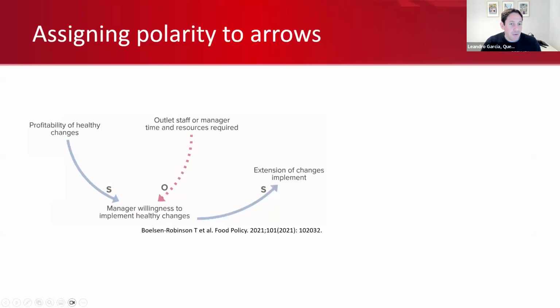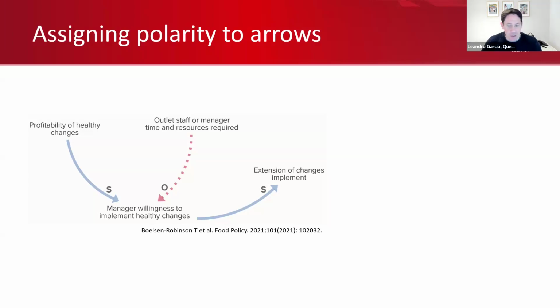Some people have difficulties assigning polarity to arrows, in part because they consider whether the effect is going up or down. So here I have an example. We have four variables, right? Probability of healthy changes, outlet staff or manager time and resource required, manager willingness to implement healthy changes, and extension of changes implemented.